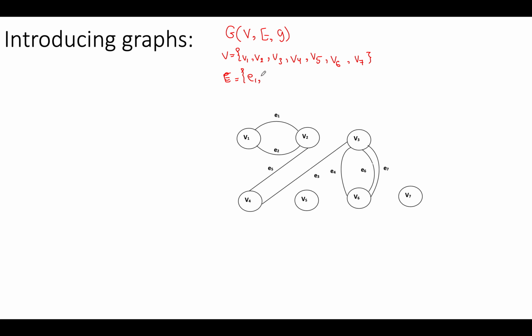The edges are E1, E2, E3, E4, E5, E6, and E7. And for the following graph, since it's quite big, let's just go straight to creating the incidence table, and we will have it in here.